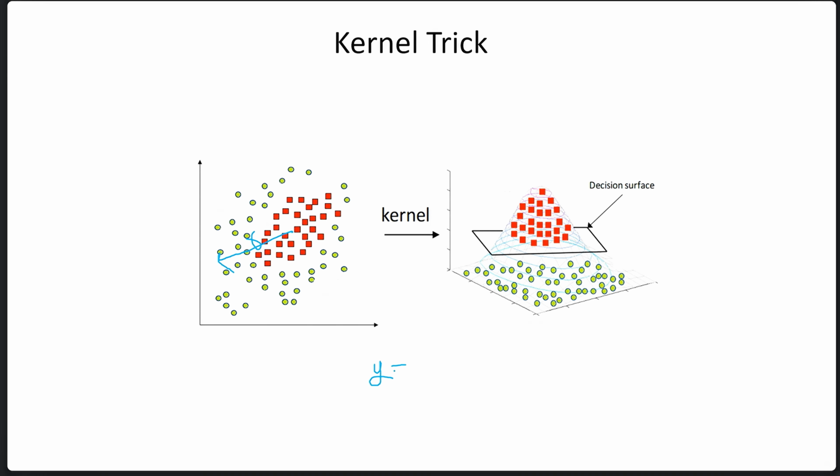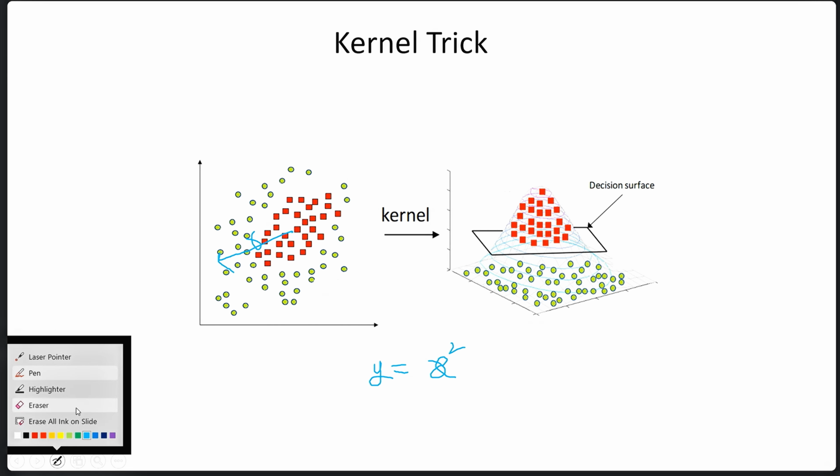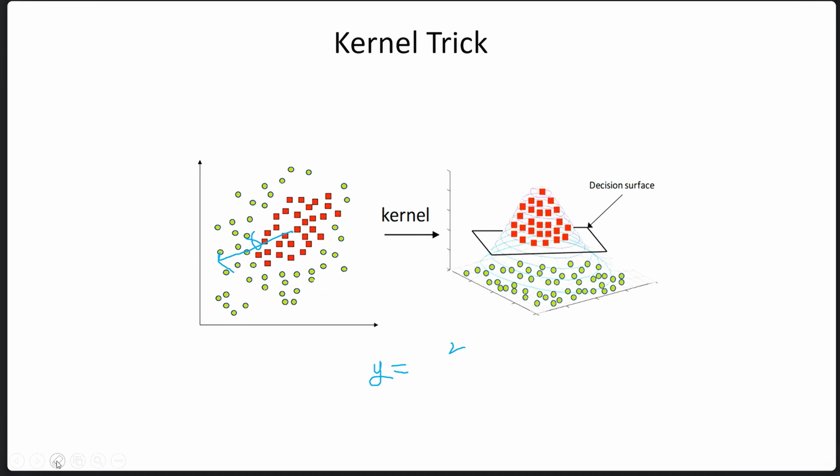So you can basically write it as a circular equation, which is like y equals x1 squared plus x2 squared plus some constant c. So this is the circular equation, right?